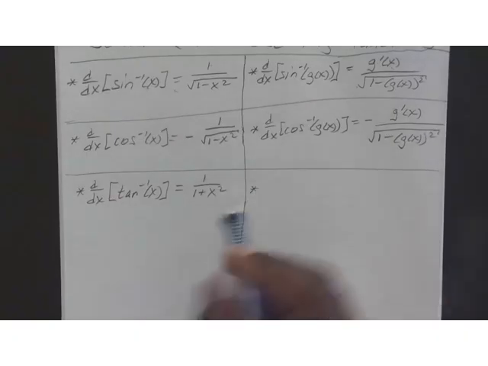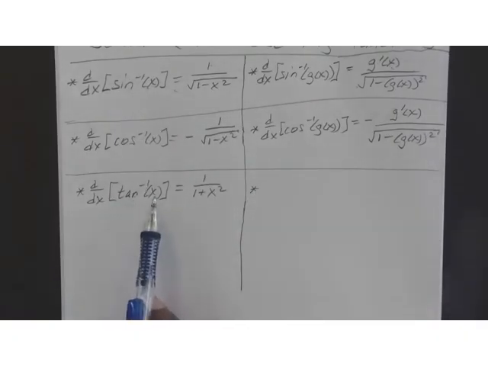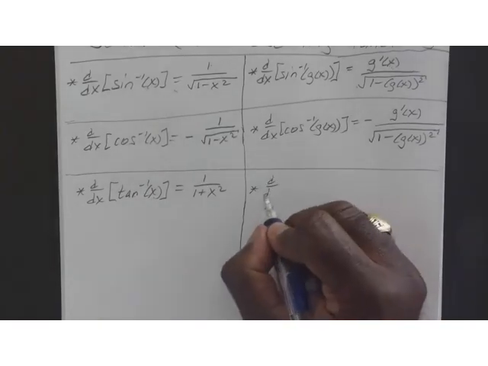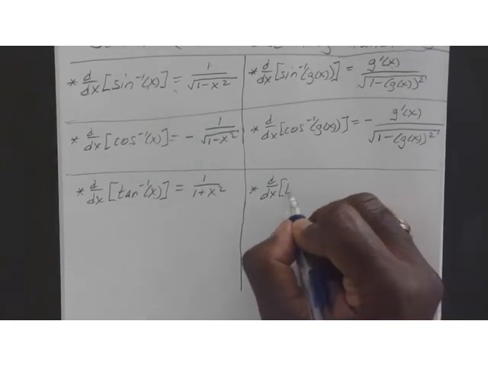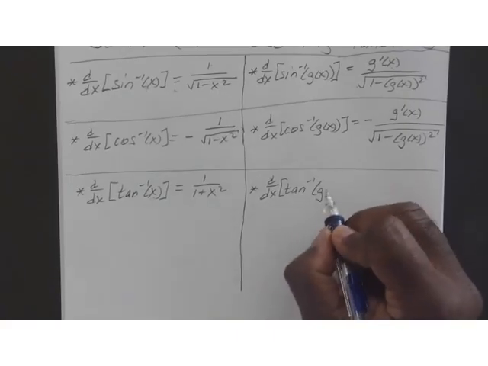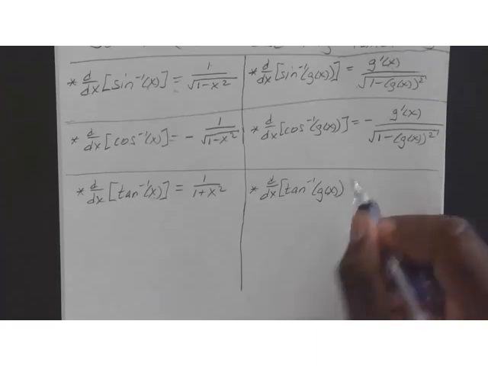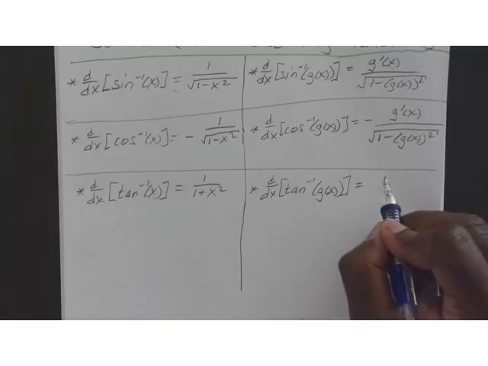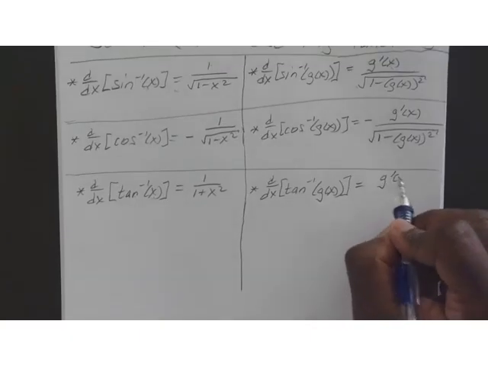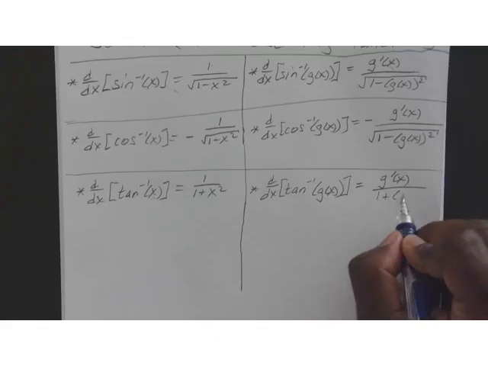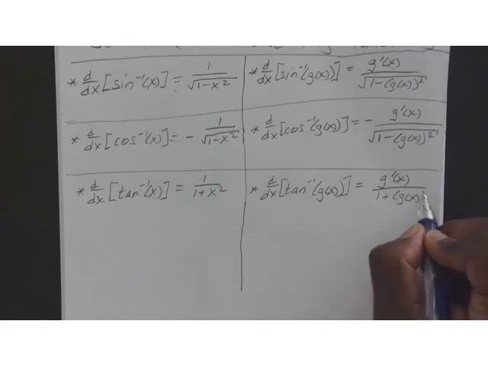But if we have the derivative of tangent inverse of some function other than x, we have the derivative with respect to x of tangent inverse of some function we'll call g of x. That's just equal to the derivative of that function divided by 1 plus that function squared.